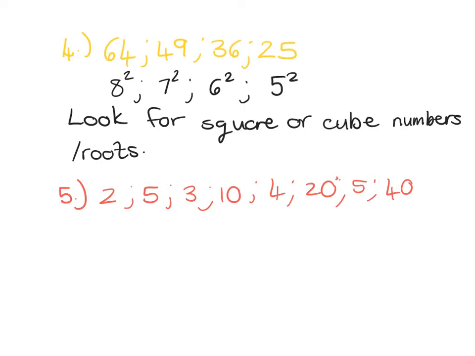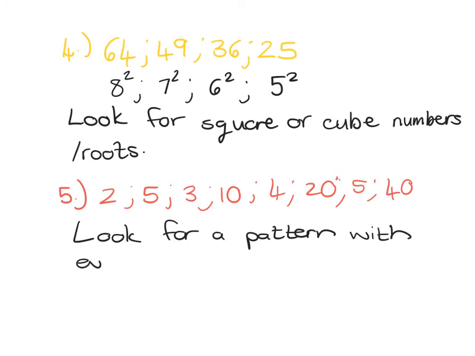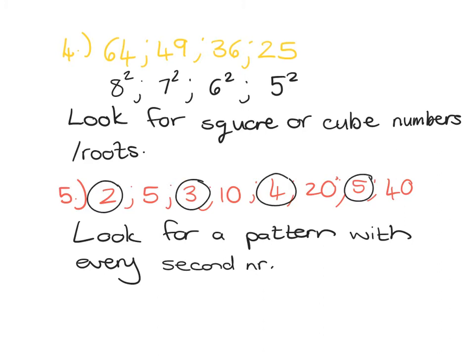They're just combined. So here's what you need to do. You just need to look for two separate patterns, with every second number. Look here. My first pattern goes 2, 3, 4, 5.